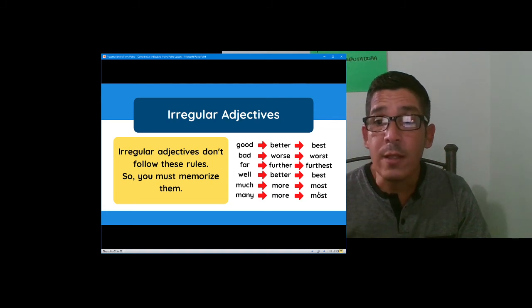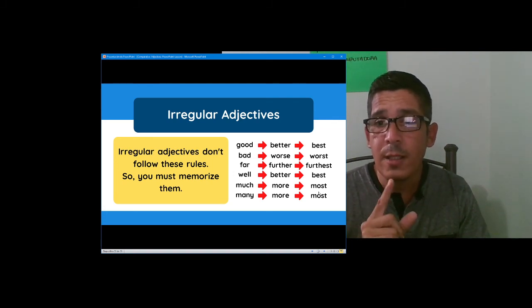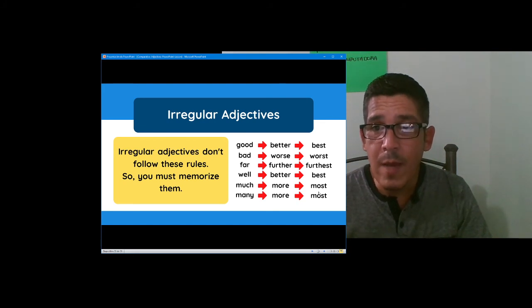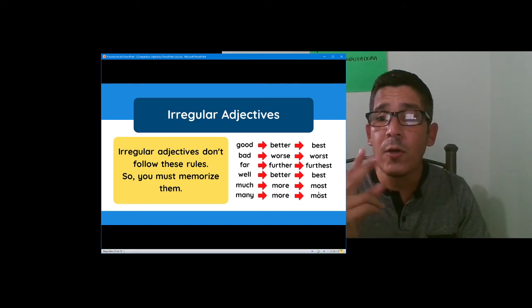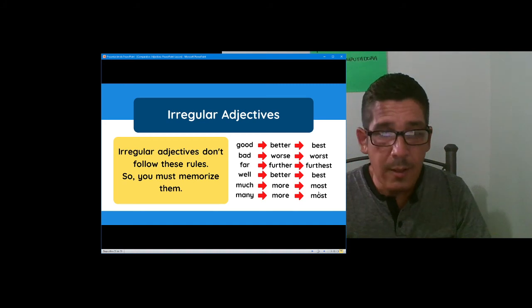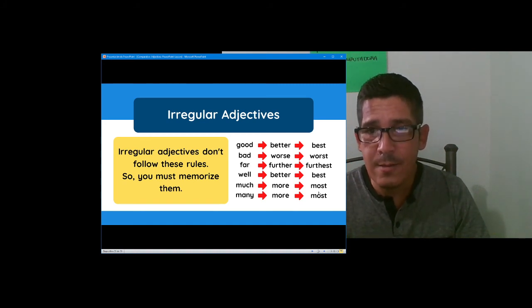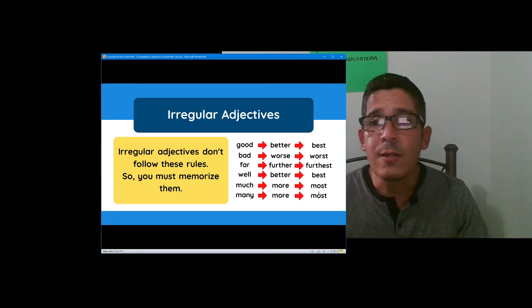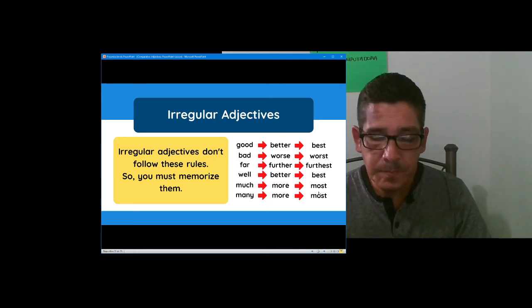With short adjectives ending in consonant, vowel, consonant, you double the last consonant, and then you add est. Big is consonant, vowel, consonant. So you are going to say biggest. You double the letter G, and then you add est.